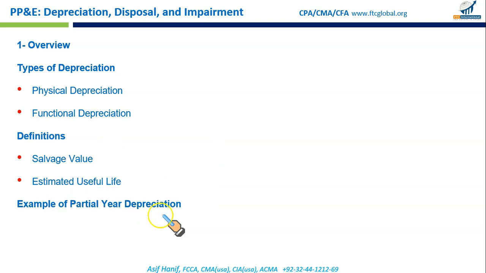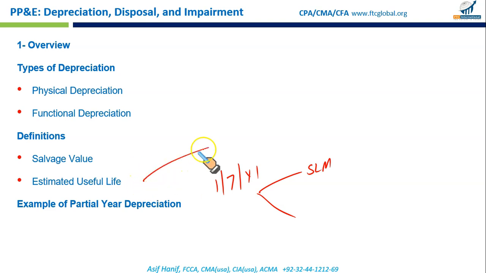Then what about partial year depreciation? If a company purchases an asset, let's say on 1st of July, year 1, not on 1st of January, then half a year's worth of depreciation would be taken for the first year. If you are using the straight line method, which we'll discuss shortly, for this example $4,500 is the annual depreciation.